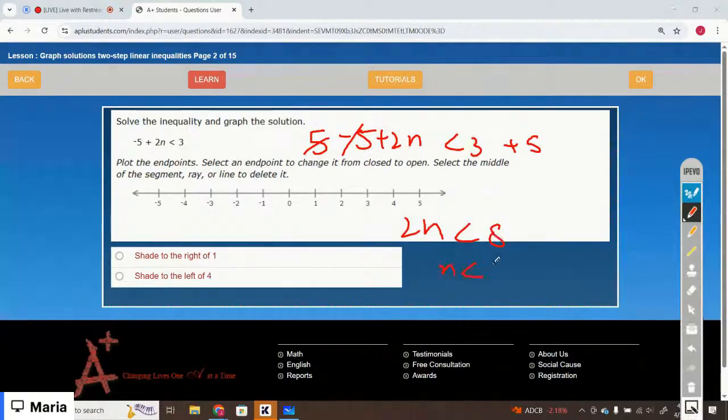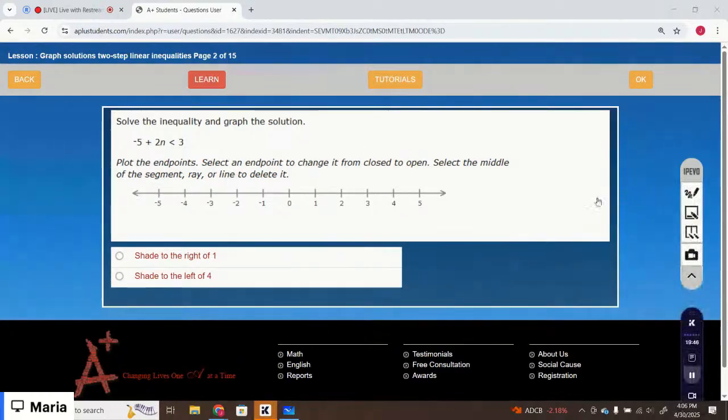So n is less than 4. Again, we have to shade to the left of 4 because n is less than 4. Okay, option number 2 is the correct option.